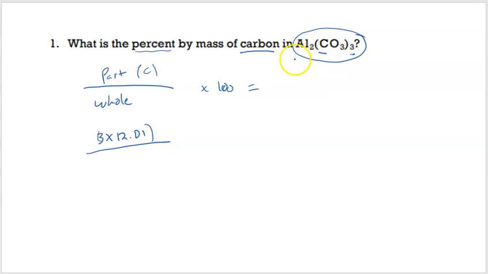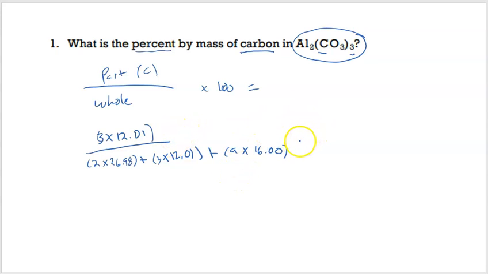Now, we're going to calculate the mass of the entire compound by multiplying each element by its associated subscript and adding those up. All right, so we have 2 aluminums, so that's going to be 2 times 26.98 plus 3 carbons, again, 3 times 12.01 plus 9, 3 times 3, oxygens.